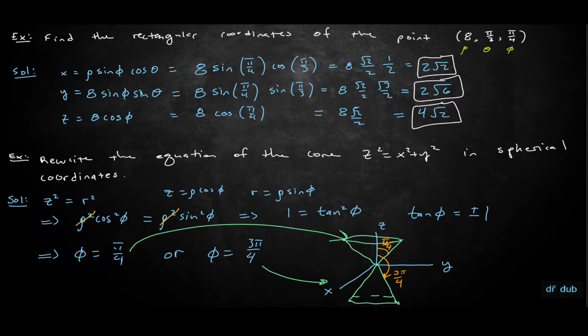But that's a nice representation of a cone. In spherical coordinates, for a circular cone, all you have to do is specify an angle phi. Then your theta can rotate all the way around the z-axis, and your rho can go any distance away from the origin, so you get the infinite cone. So phi equals a constant is a cone.